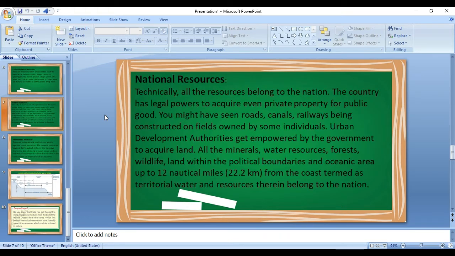Now national resources, by default and by law, right? Every inch of land, all resources of India, that is a national resource. Even if sometimes we, as farmers, say that this is my land, correct, that is their land.